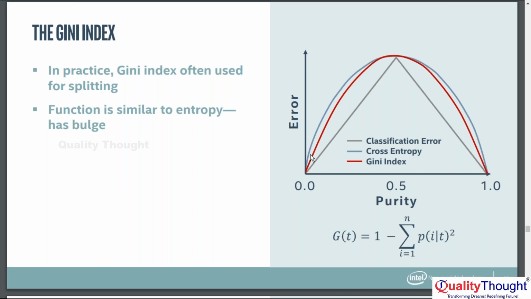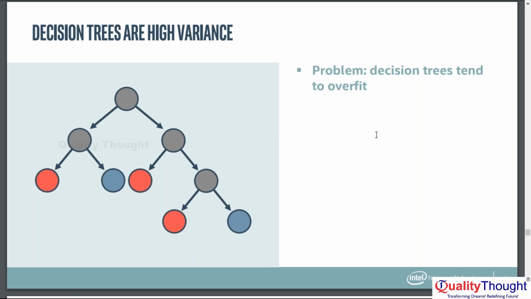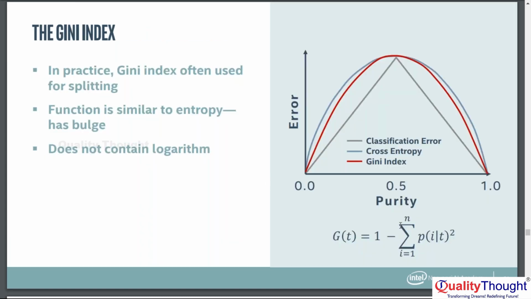This function is also almost similar to the regular entropy function. It will also have the bulge when compared to the classification error, but it does not consider the logarithm. You are not going to have the logarithm factor here.